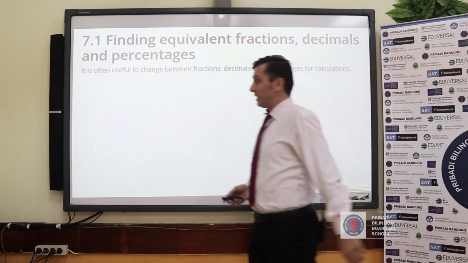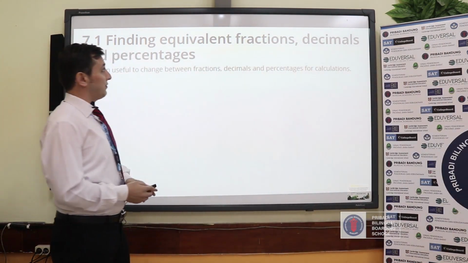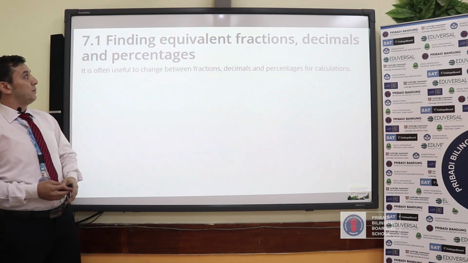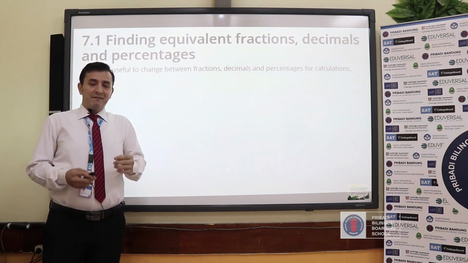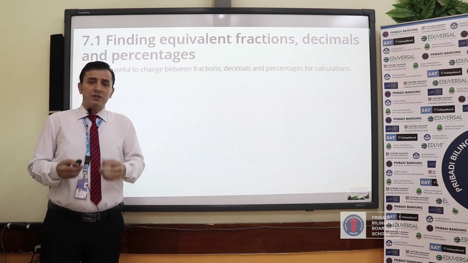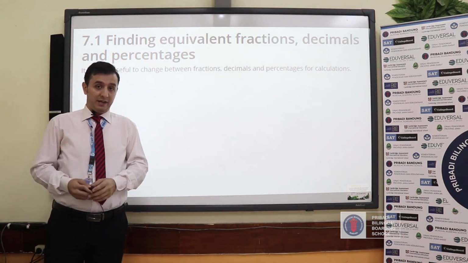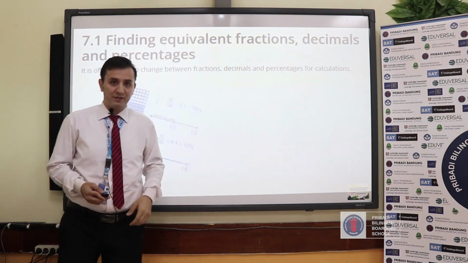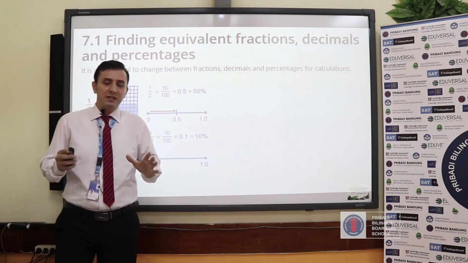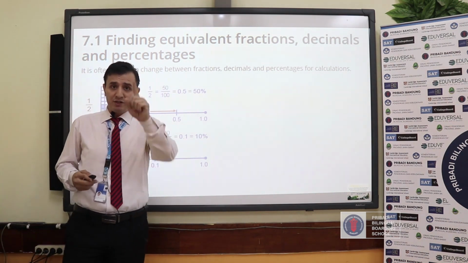So what is next? Look at this. Another subtopic is about finding equivalent fractions, decimals, and percentages. In this part, we will use a chart which is made of lots of squares. Actually, I use a grid of one hundred squares. Why? Because a hundred is very easy for calculating percentages.